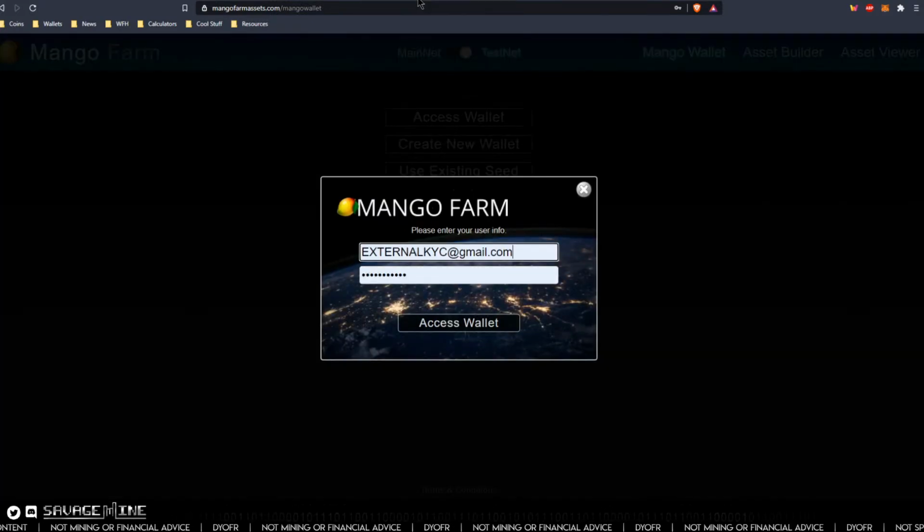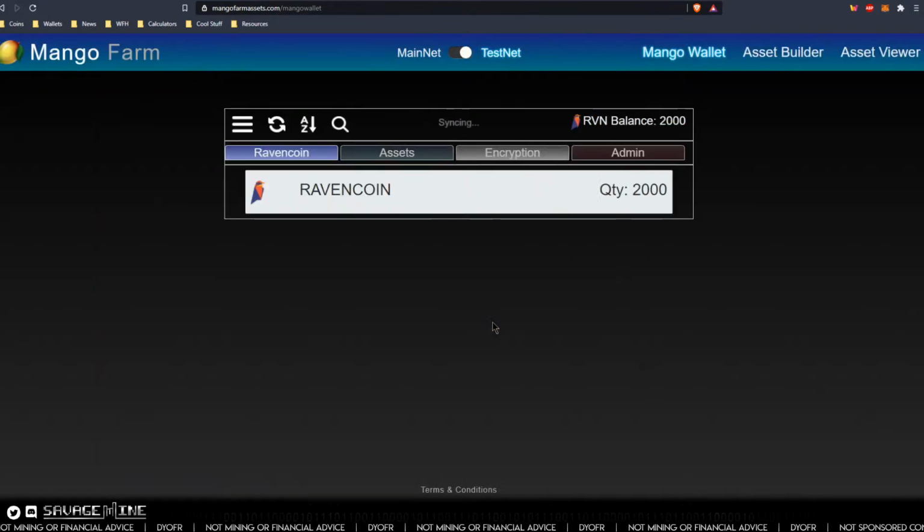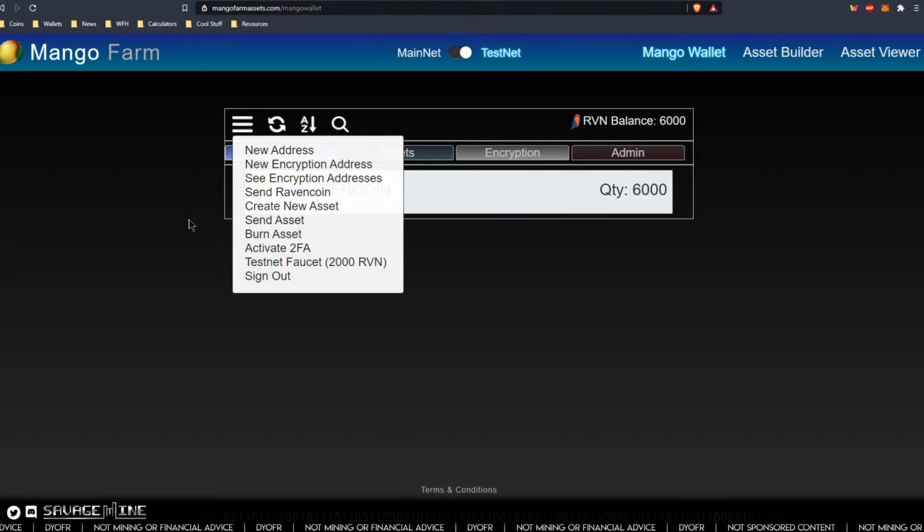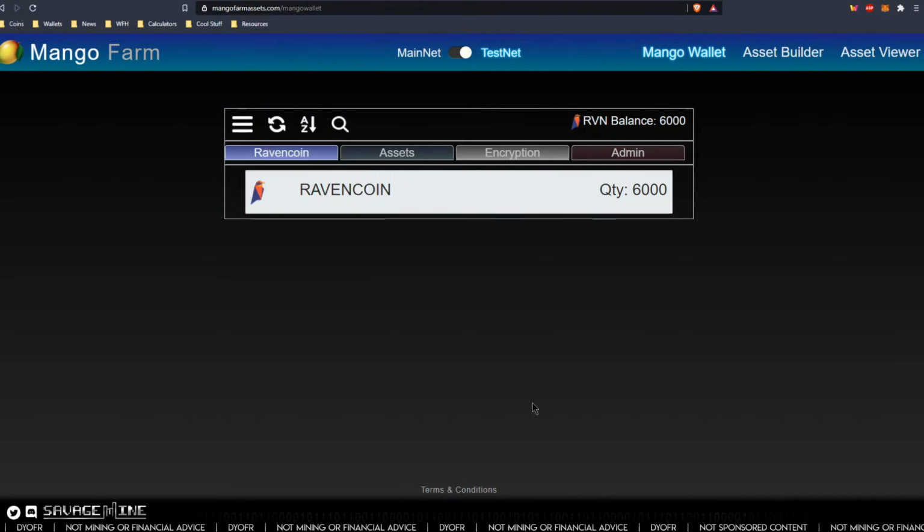And this is our company here. This is their wallet. So I'll be able to work with this and do the tags and all that stuff, kind of like we did with the Serpent scenario as well. Again, testnet. Not real Raven, guys. Not real Raven.